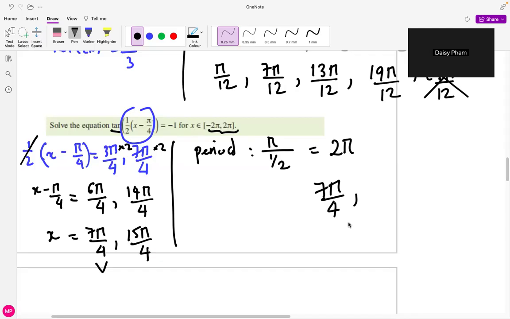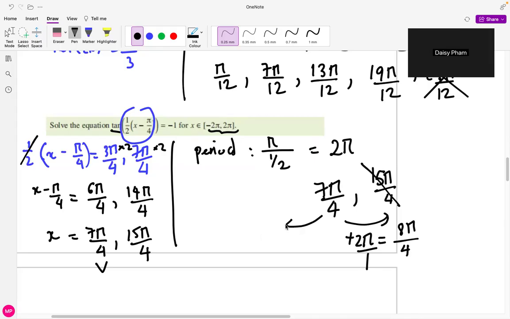If we add 2π, and we make it over 4, 2π over 1 times 4 is 8π/4. So 7π plus 8π is 15π/4, which is exactly what we got here. All right, but we don't want that because it's outside our domain.